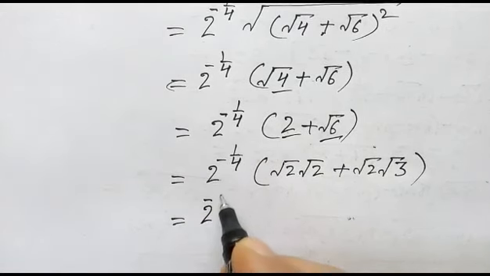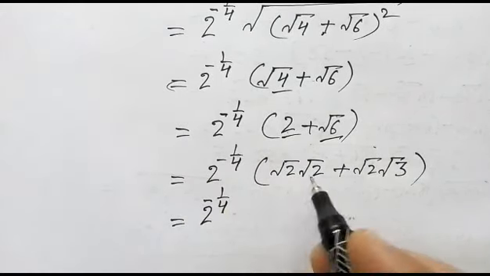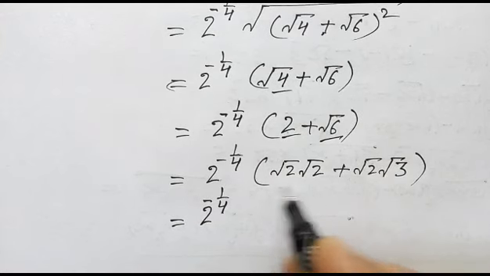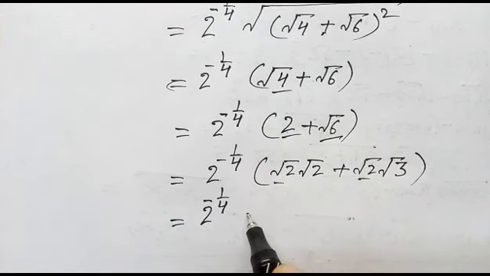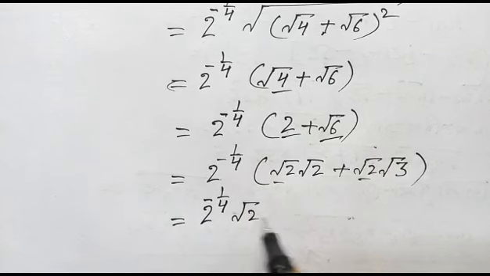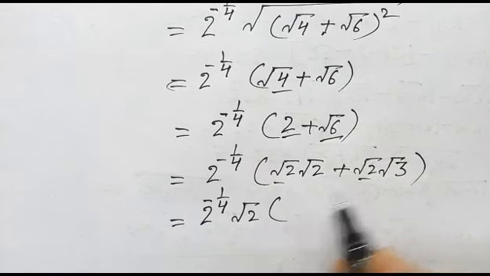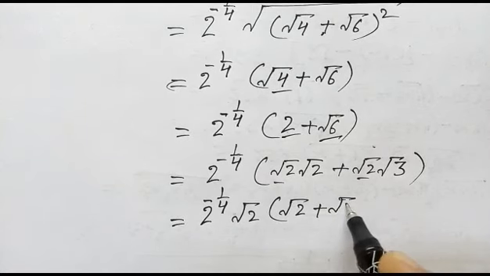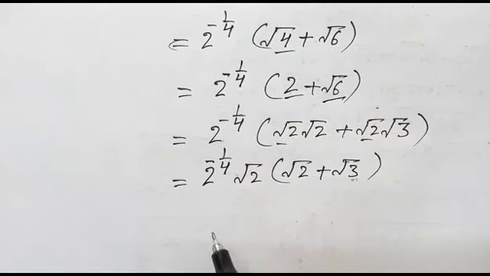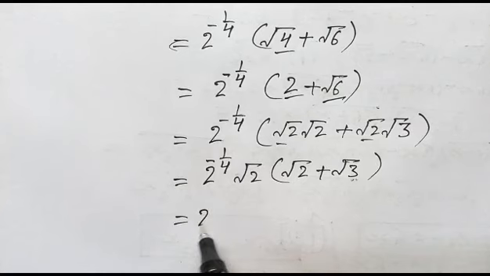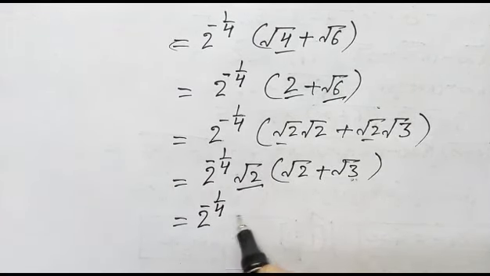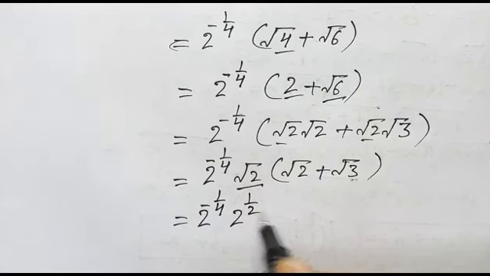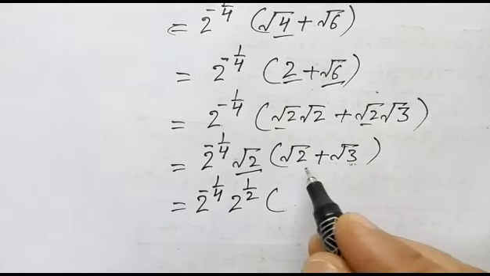Now 2 to the power minus 1 by 4. If we take square root of 2 as common, we have remaining square root of 2 plus square root of 3, right? So 2 to the power minus 1 by 4 and this as 2 to the power half, right?